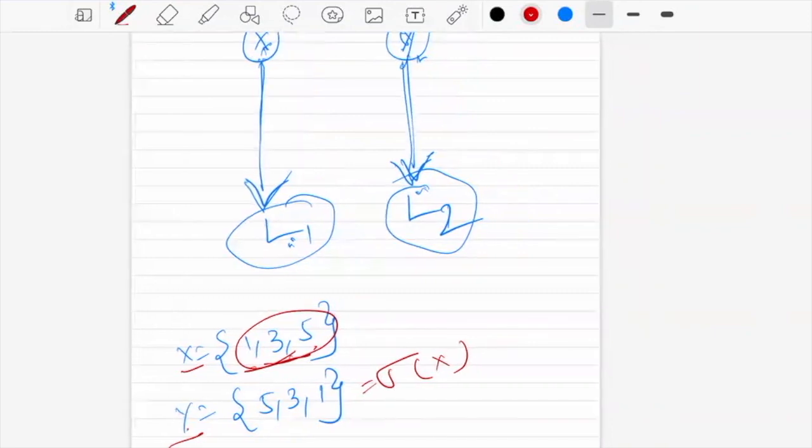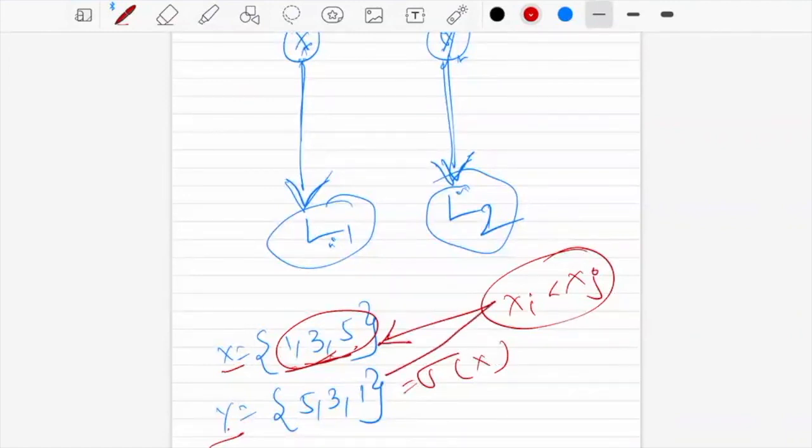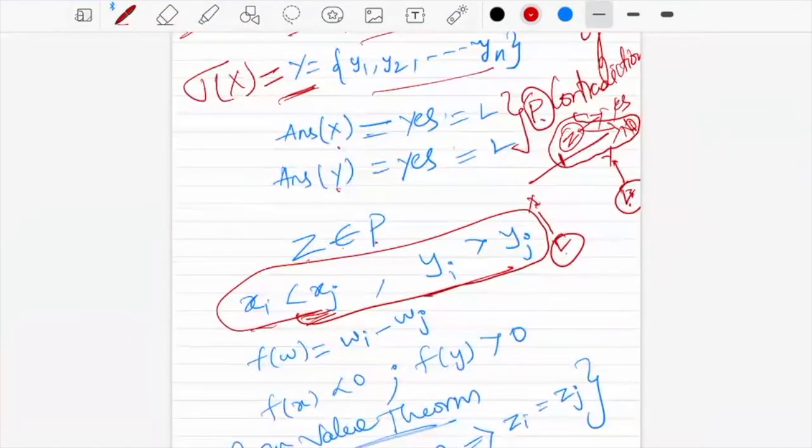If I take xi less than xj, this condition will be satisfied here. But if I put the same condition xi less than xj for y, it is not true. That is why, for the y instance, I have taken yi greater than yj. So this is the first thing I have considered.